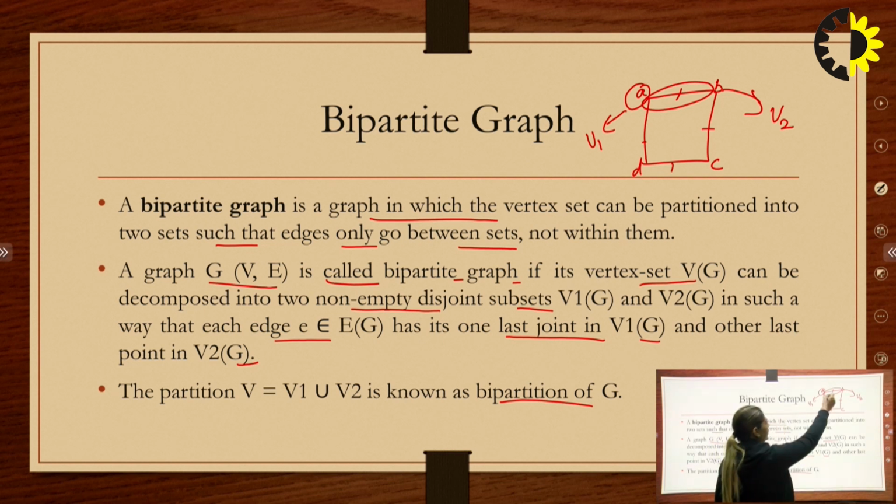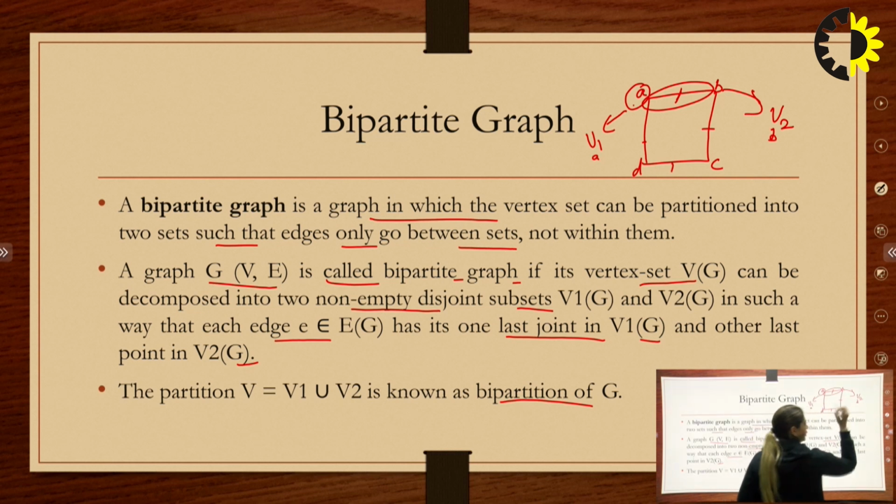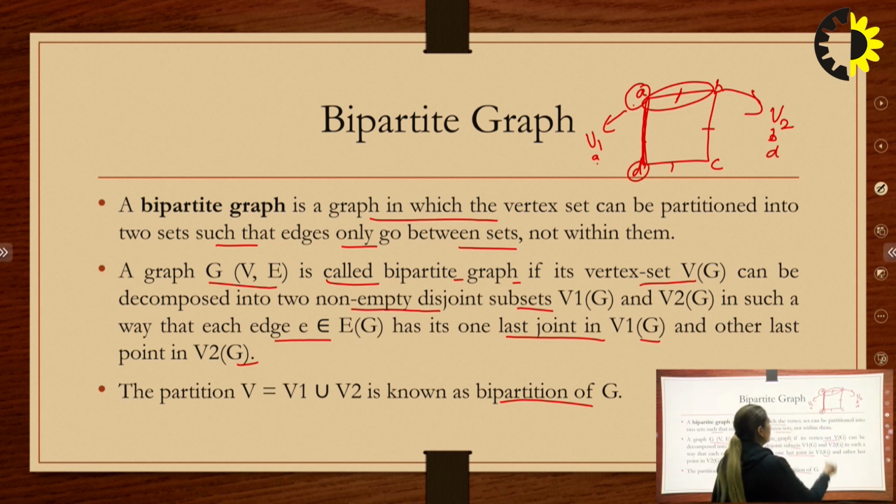Now see here, if we see this edge A, B: A we put in V1 and B we put in V2, right? Now we check this edge. A is in this set, then D should be in this set, right? Now we check this edge. If D is in this set, then C should be in this set, right?